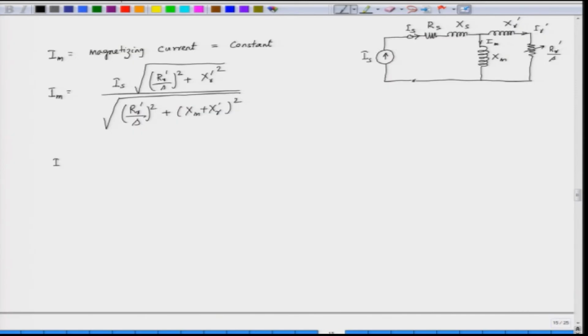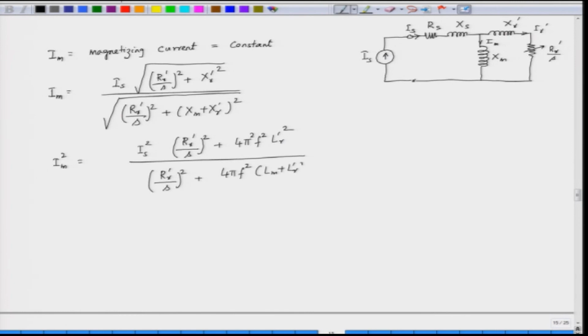So, Im square is equal to Is square into (Rr prime by S) whole square plus, we separate the frequency here, this is 4 pi square f square into Lr prime square, divided by (Rr by S) whole square plus 4 pi square f square into (Lm plus Lr prime) whole square.